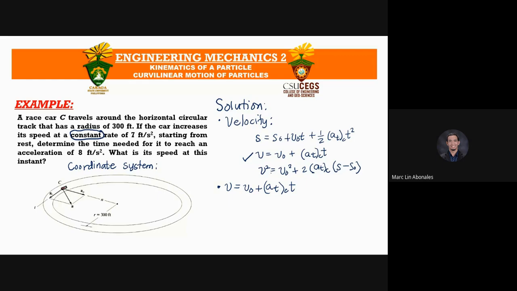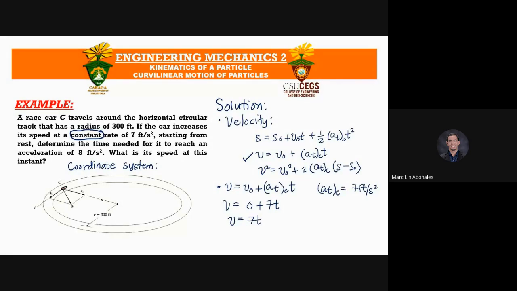So, since it starts from rest, therefore, v is equal to 0 plus the constant tangential acceleration, which is equal to 7 feet per second squared. So that would be 7t. Therefore, the equation for our velocity would be equal to 7t.